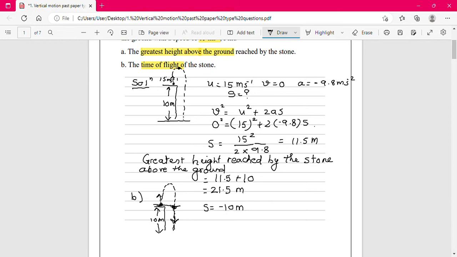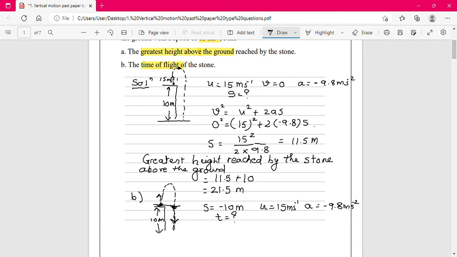So S is now negative 10 meters, U is 15, A is negative 9.8, and we want to find out T.